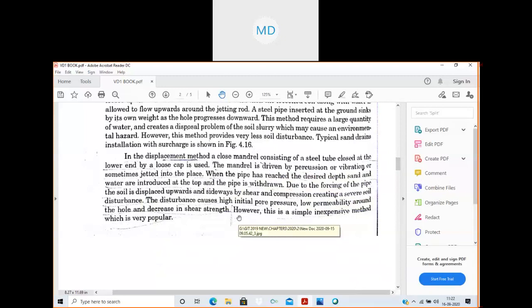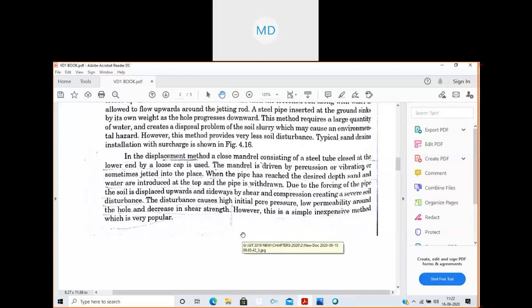So a mandrel is inserted. The mandrel is in the form of a steel tube. Mandrel is nothing but a form of tube, and here in this case it is made of steel. With the help of this mandrel, that is the steel tube, the tube is inserted inside the ground.